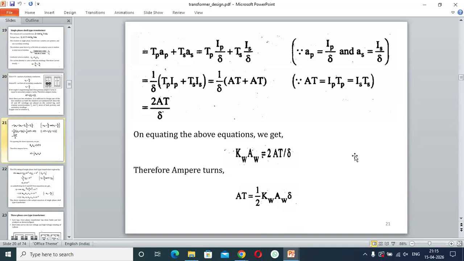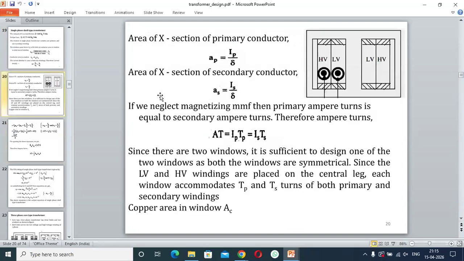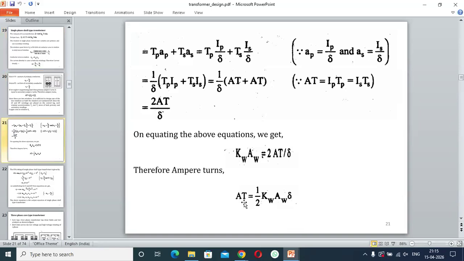So from here, I will replace this. The total amount of the area, meaning we already calculated the copper area, then this KWAW will become 2AT upon delta.